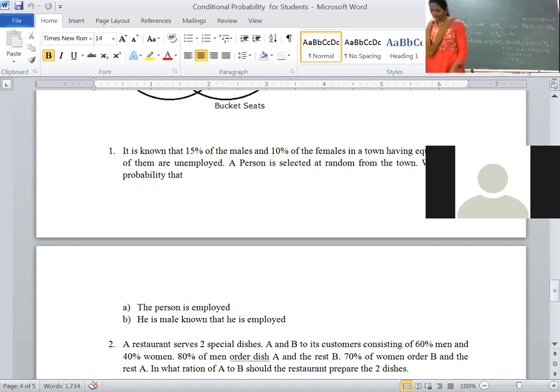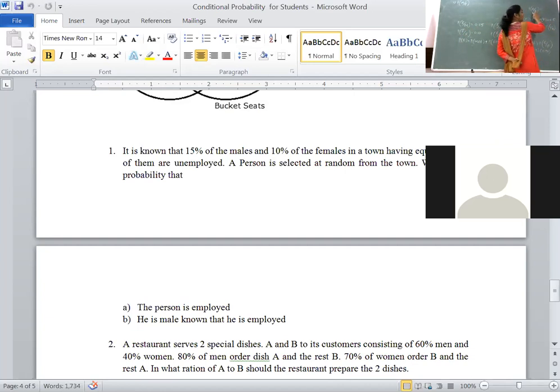Then second bit. He is a male, known that he is employed. See, for example, in conditional probability, probability of A given B is there. I told 4 ways we can write conditional probability.